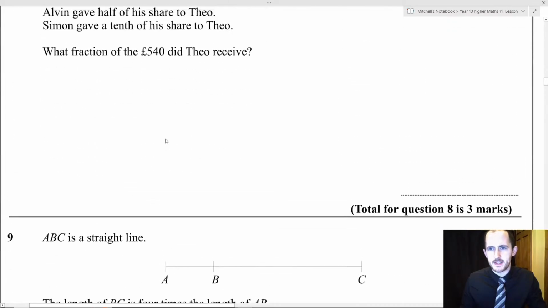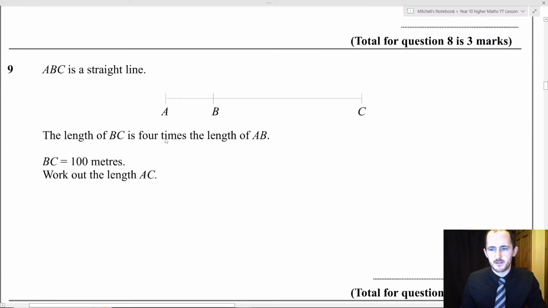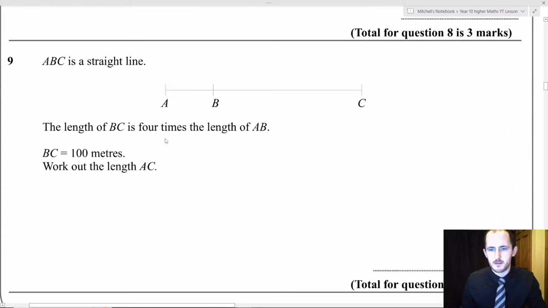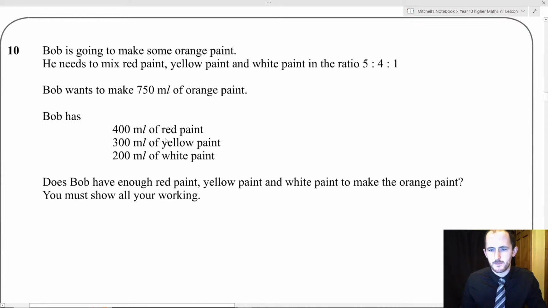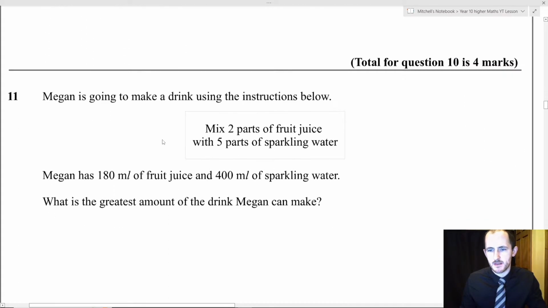This is probably easy. I think that's fine.